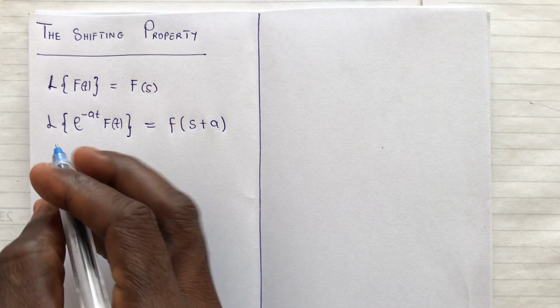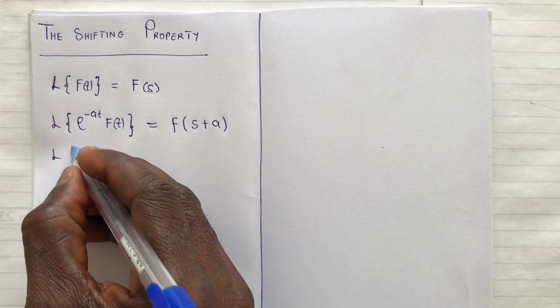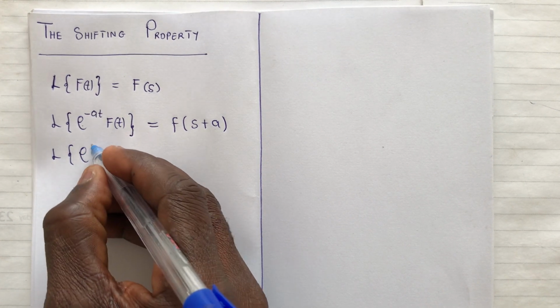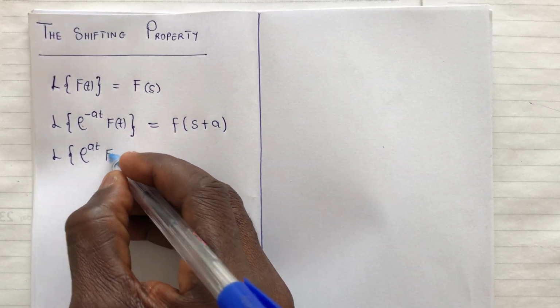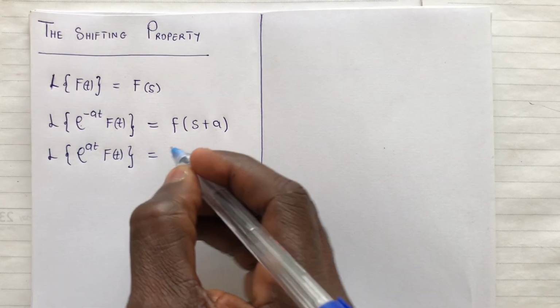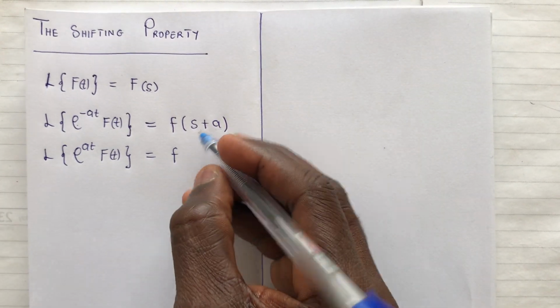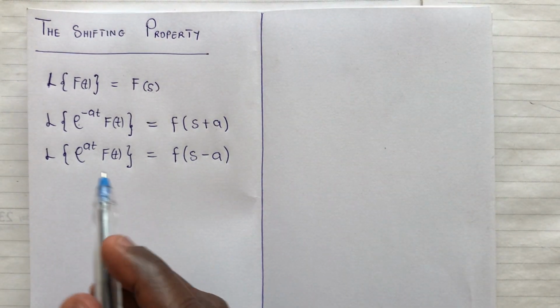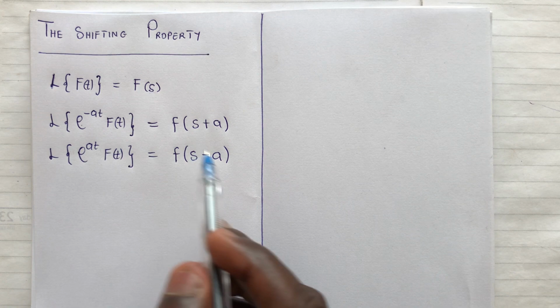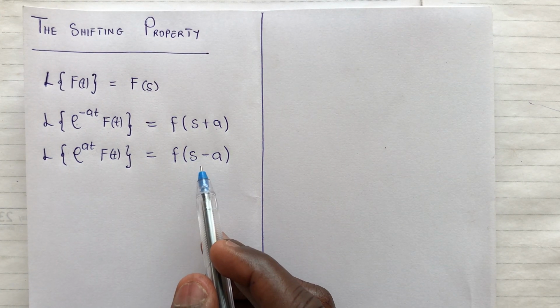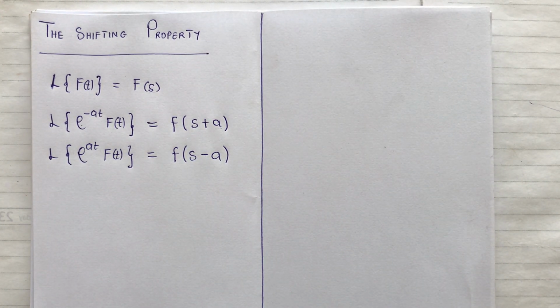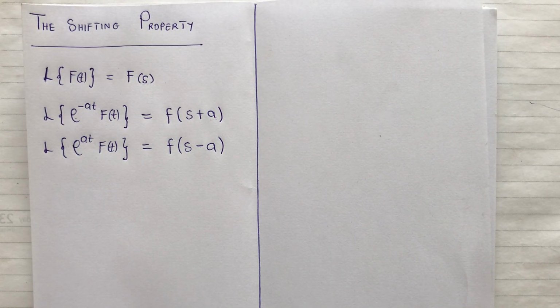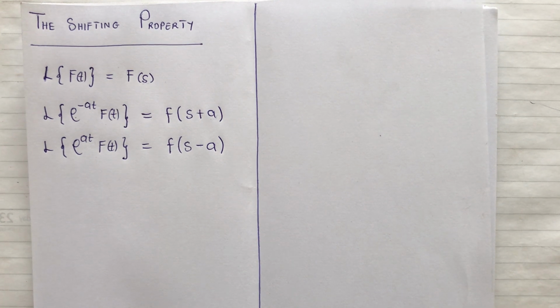So again, we can also say that the Laplace transform of e to the at times the function f of t will give us F of s minus a. Remember, because this side is positive, this side must be negative. So this is the first type of shifting property.